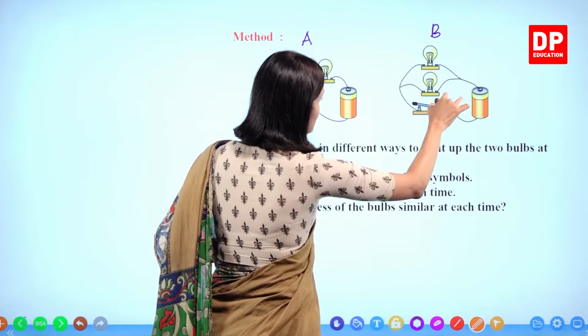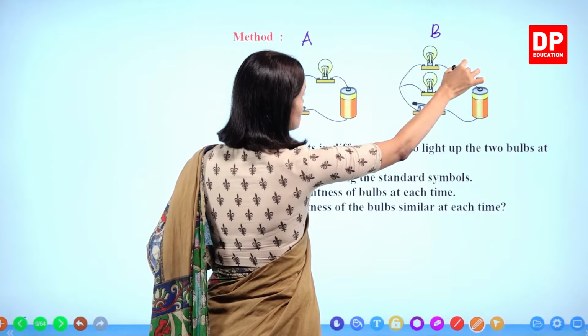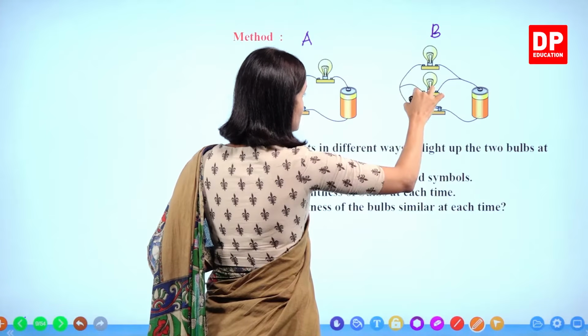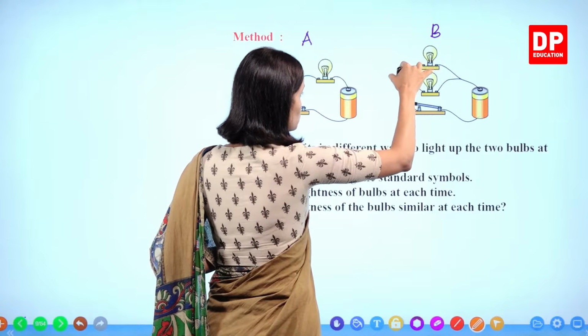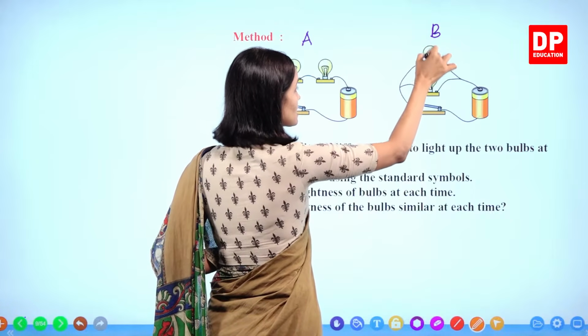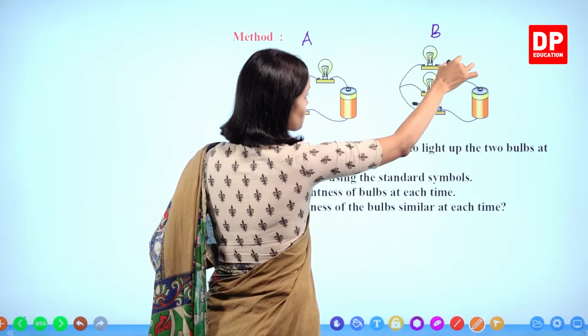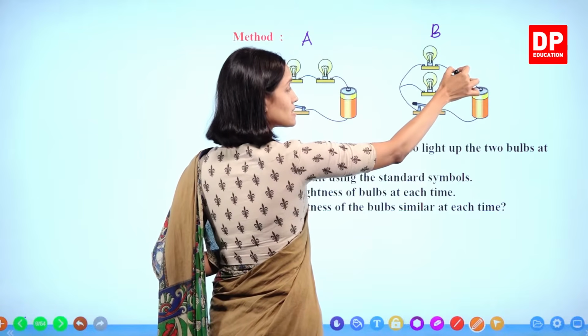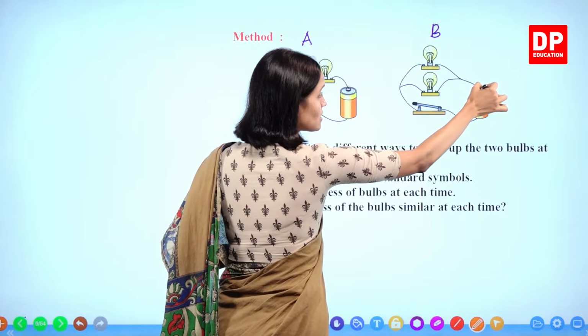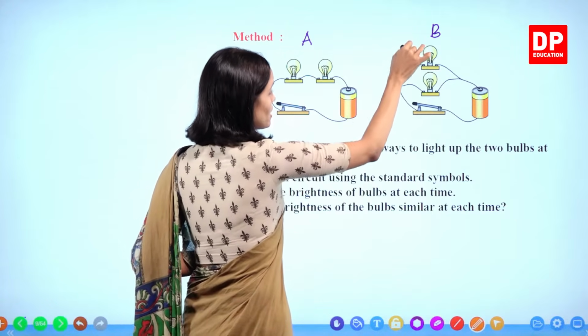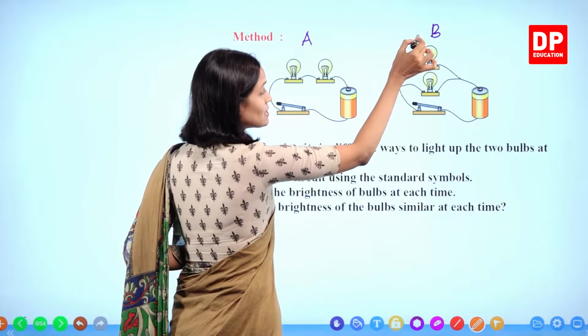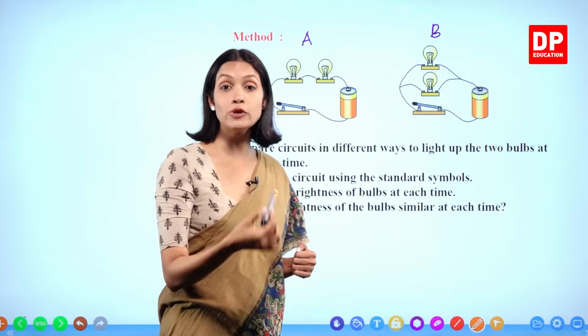Look at this one. This bottom part is the same, but when you consider the two bulbs, you can see this wire from this part divides into two parts and each part contains a bulb. From here again the two parts connect with each other and it connects to the cell, right? So by looking at this diagram, it's very clear these two bulbs are parallel to each other.